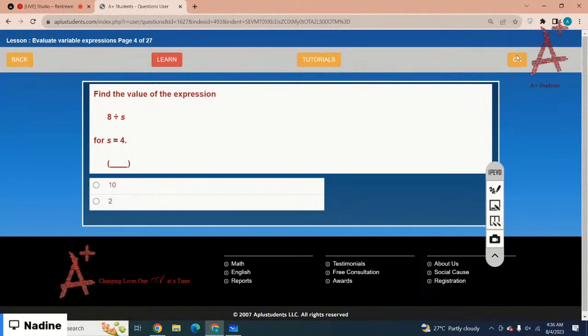Find the value of the expression 8 divided by s, which is the correct option? 8 divided by 4. The correct option is, very good. That would be 2.